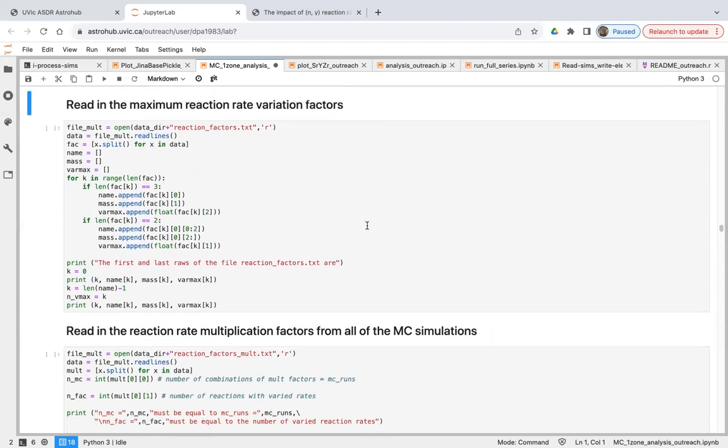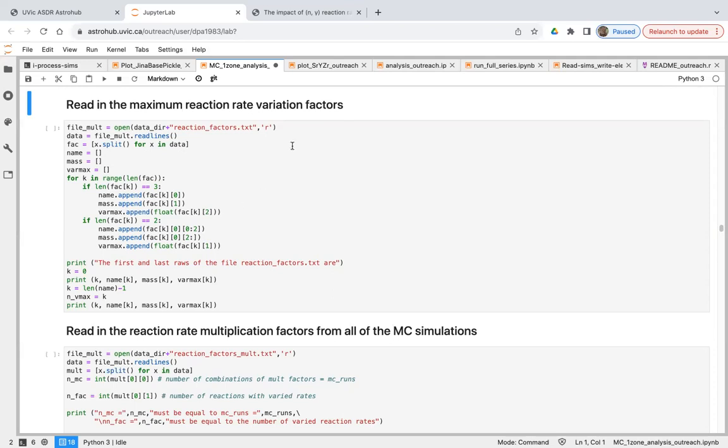Then later below we will compare multiplication factors with predicted abundances to reveal some correlations and anti-correlations between predicted abundances and multiplication factors for neutron capture reaction rates. By doing this, we can find neutron capture reactions that have the strongest impact on the predicted abundance of a given element or isotope, right?